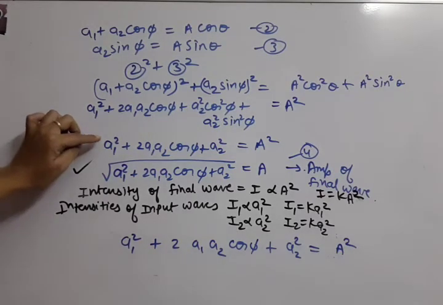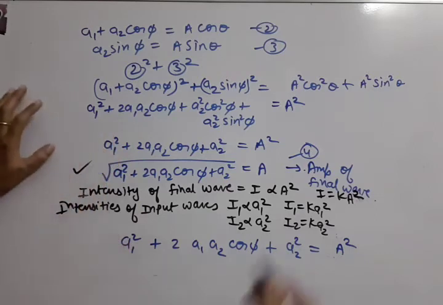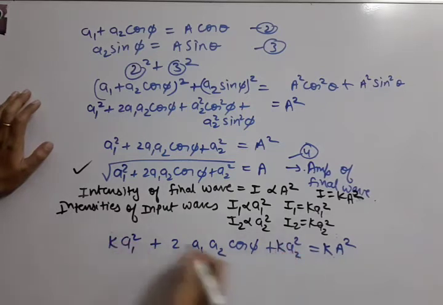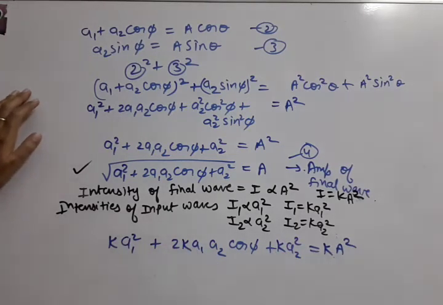If I multiply both sides with K, everywhere it will be multiplied with K. This way.